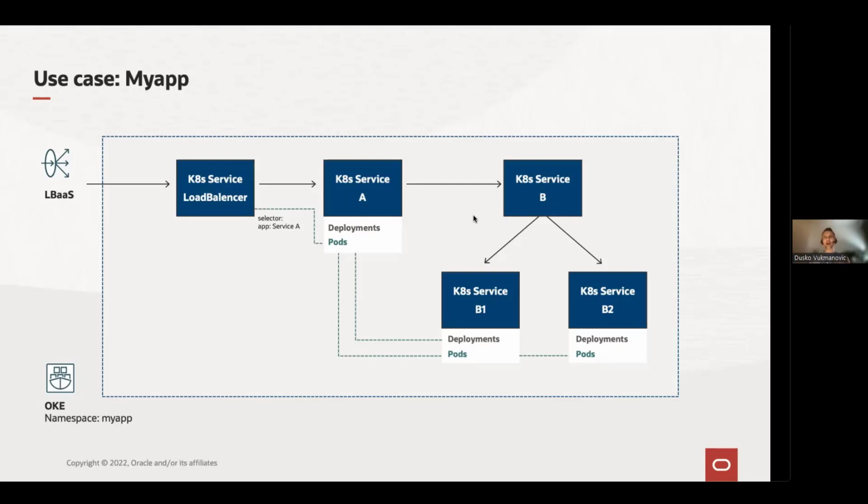Otherwise, it would be super hard to create the application, because you would have to hard code the call from Service A to Service B. Having this abstraction layer that Kubernetes provides makes it easier for you to write this application.